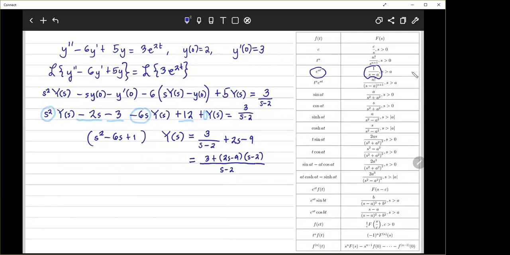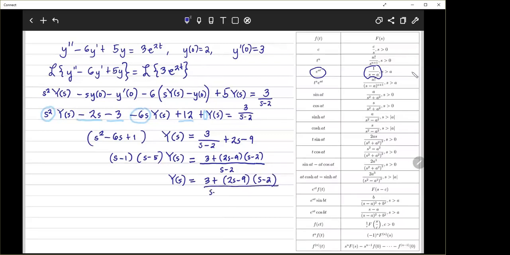Now, pwede ko nang i-divide yung both sides by s squared minus 6s plus 5, but I might as well factor out s squared minus 6s plus 5 first. So s squared minus 6s plus 5 factors into s minus 1 times s minus 5.